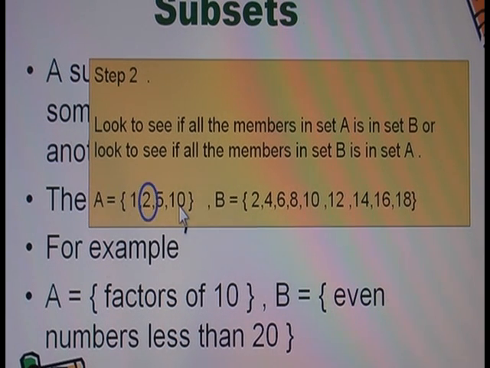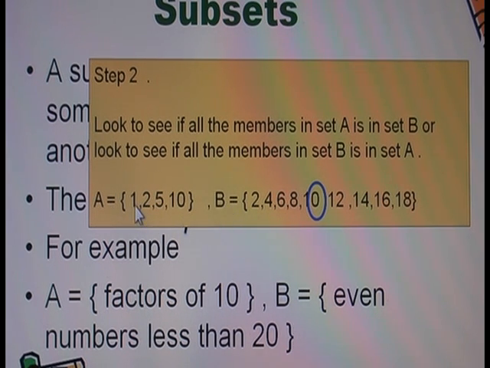Now notice, we find a 2 in set A, and we also find a 2 in set B. We find a 10 in set A, and we also find a 10 in set B. So we have 2 members that we found in both set A and set B.